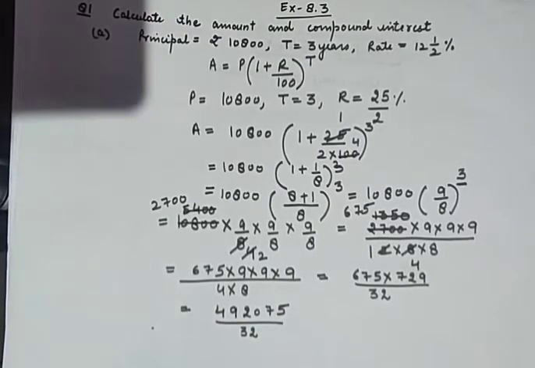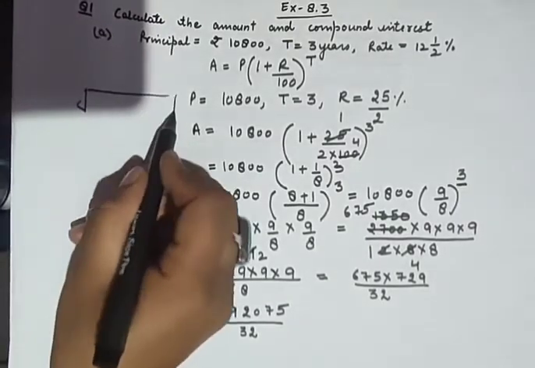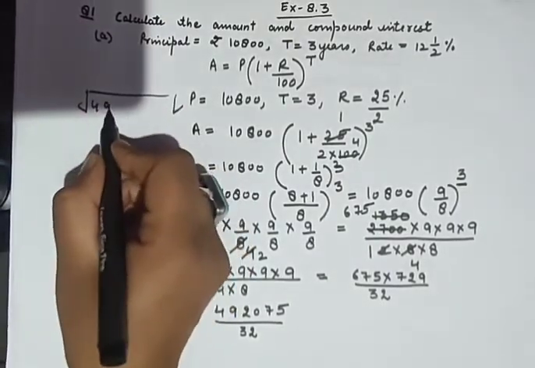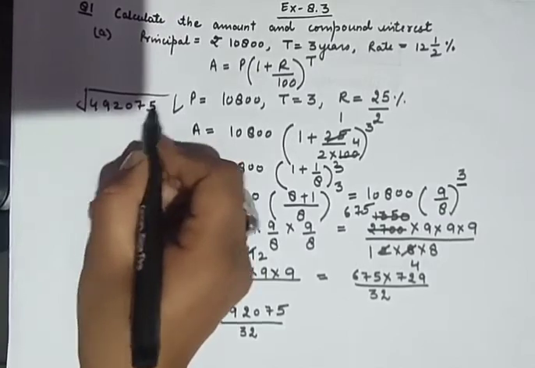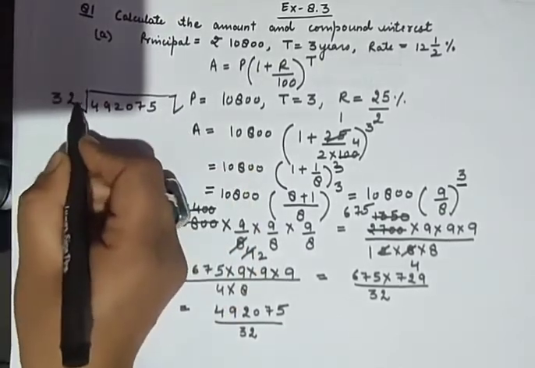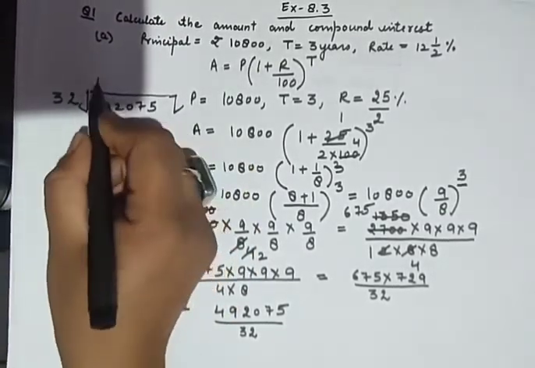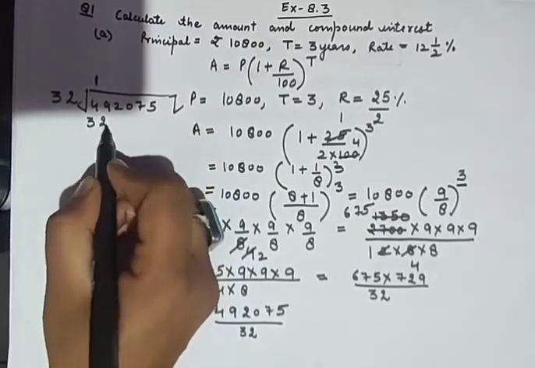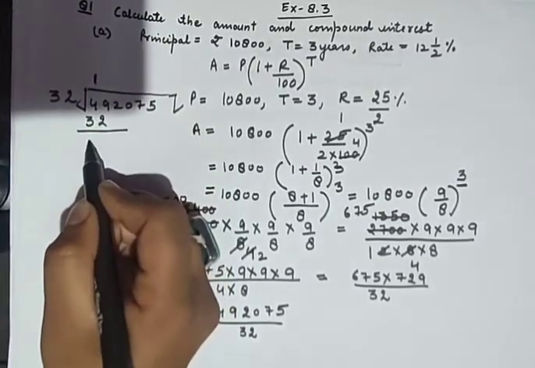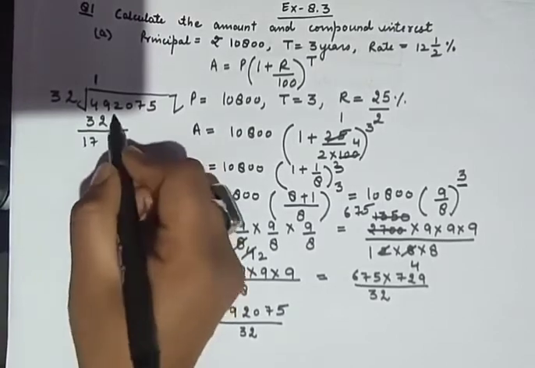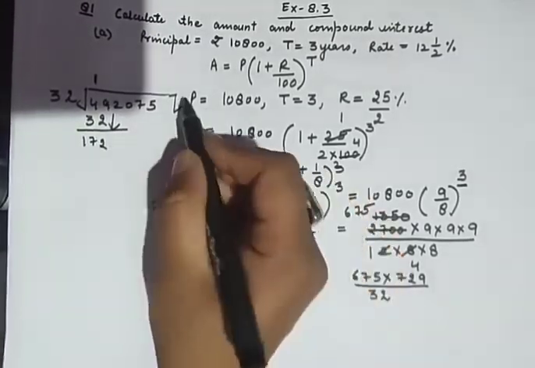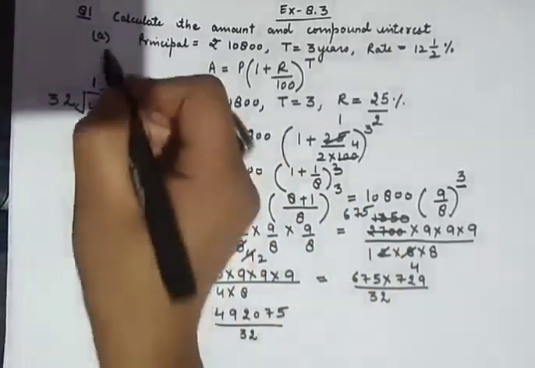Okay students, so when I divide 492075 by 32, I will be getting how much? 32 ones are 32, so it will be cancelled. So I will be getting 17. This 2 will be here, so let me use this as my rough work.